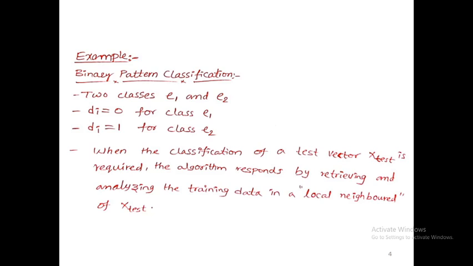Earlier, if you provide some training data, based on that data, the x test may be either 0 or 1, but which group does the corresponding x test value belong to? That needs to be found out by analyzing the training data in the local neighborhood of the x test. That means in the local neighborhood we need to decide which classifier the x test belongs to.